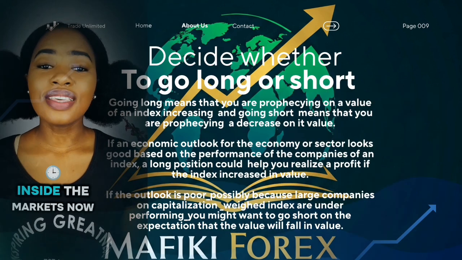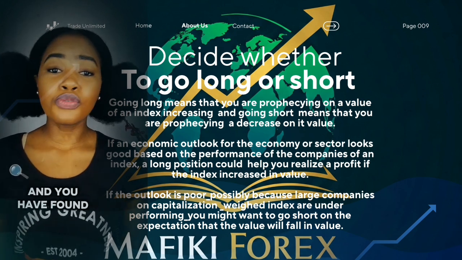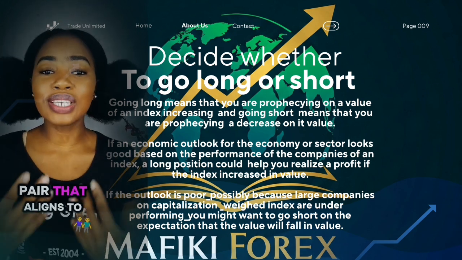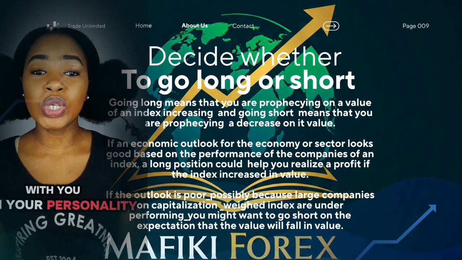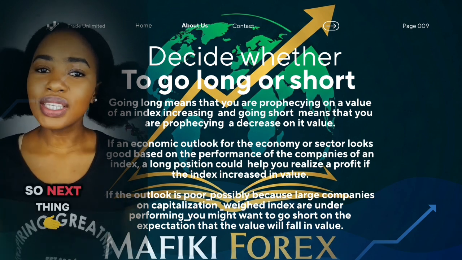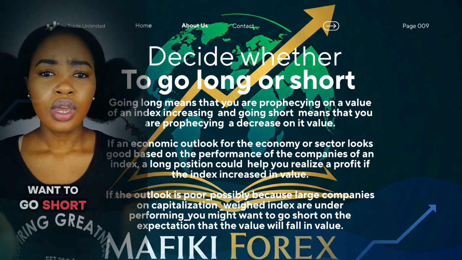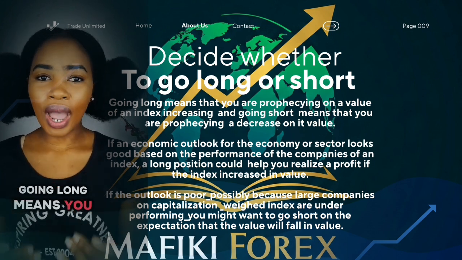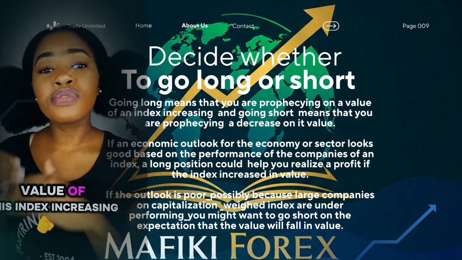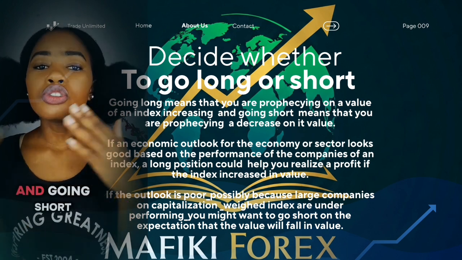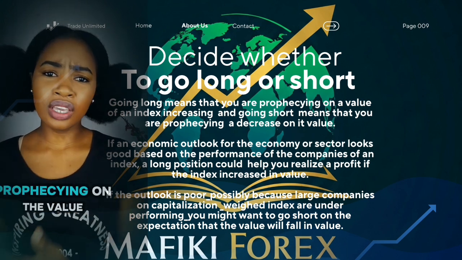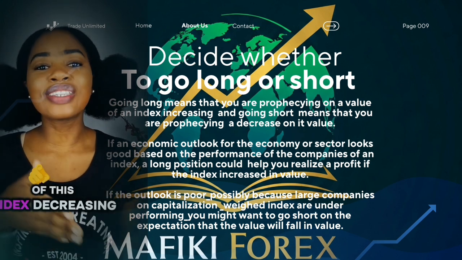Next up, you're inside the markets now and you have found your favorites, or the pair that aligns with your personality. So next, you want to decide whether you want to go long or go short. Going long means you are prophesying on the value of this index increasing, and going short means you are prophesying on the value of this index decreasing.